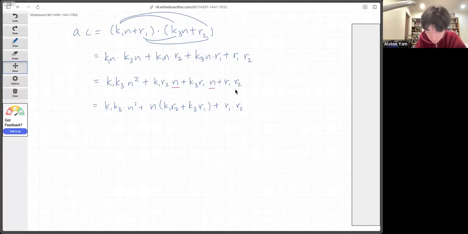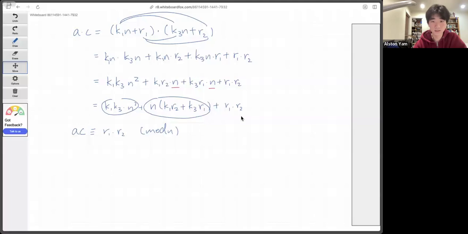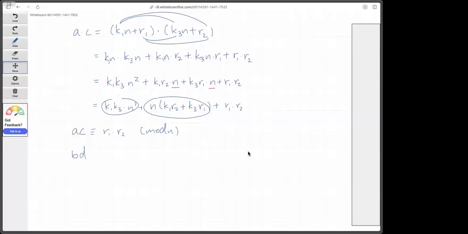So we can get rid of this one and this one, because both of these are integers and they are also divisible by n. So we actually have AC is congruent to R1 times R2 under mod n. That is just getting rid of these and keeping our R1, R2 term because we can't really do much about it. Okay, let's do the same thing to BD, and I'll be quick.